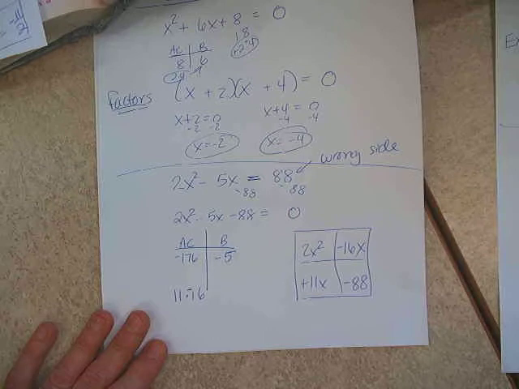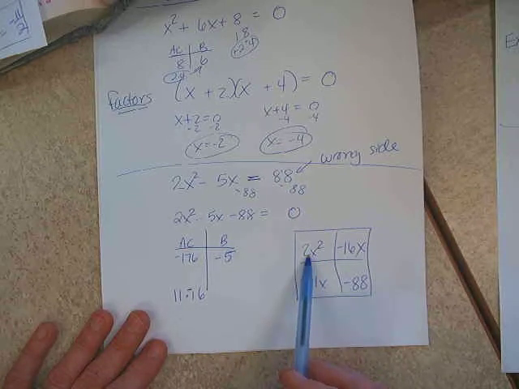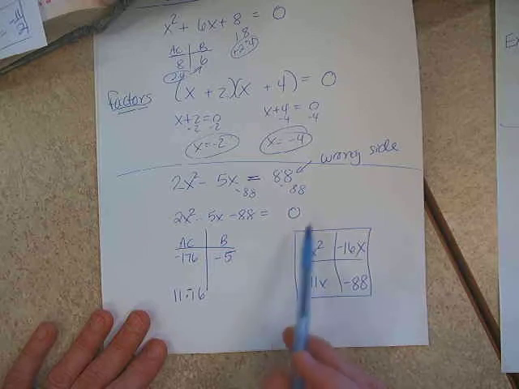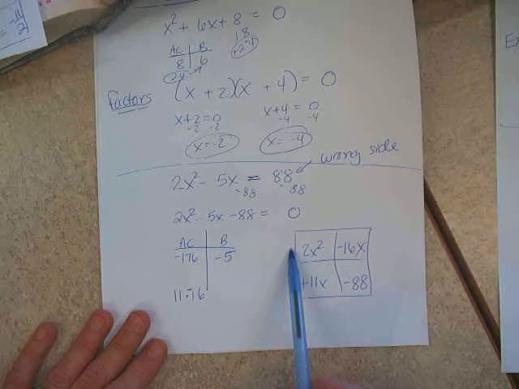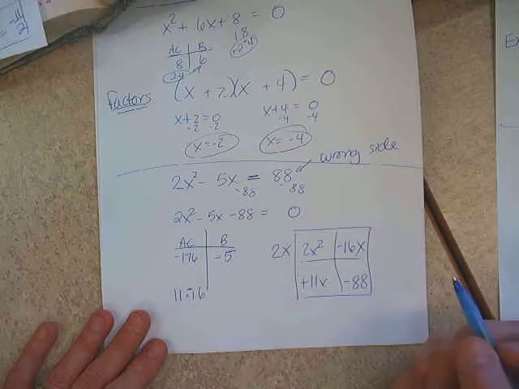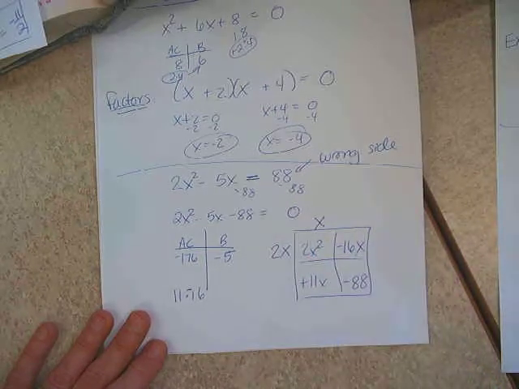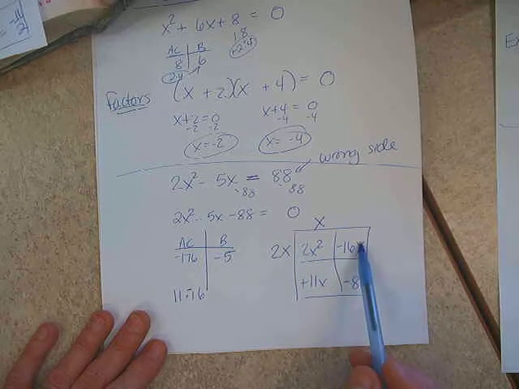Okay, this one's fairly easy. The only way you can get 2x squared is 2 and 1, right? 2 times 1 is 2. So one way or another, either it's 2 times 1 or 1 times 2. Where does the 2 need to go? On the left? Yes, it's a factor of 2 and 16. So this has to be 2x, and this would just be x.